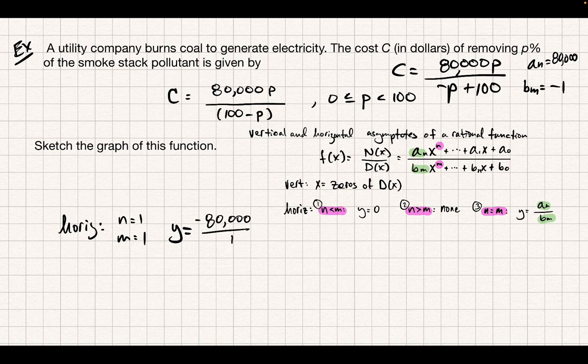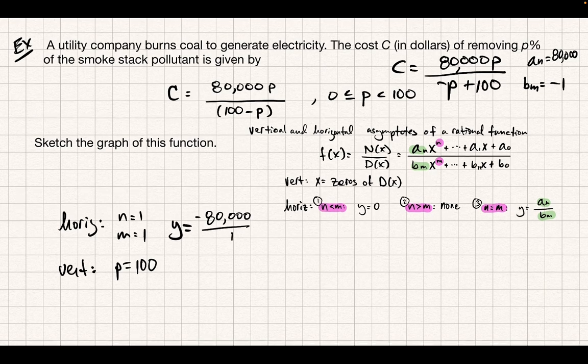What's my vertical? Your vertical, P equals 100. Wait, what? Can you figure that out? Why does it equal 100?